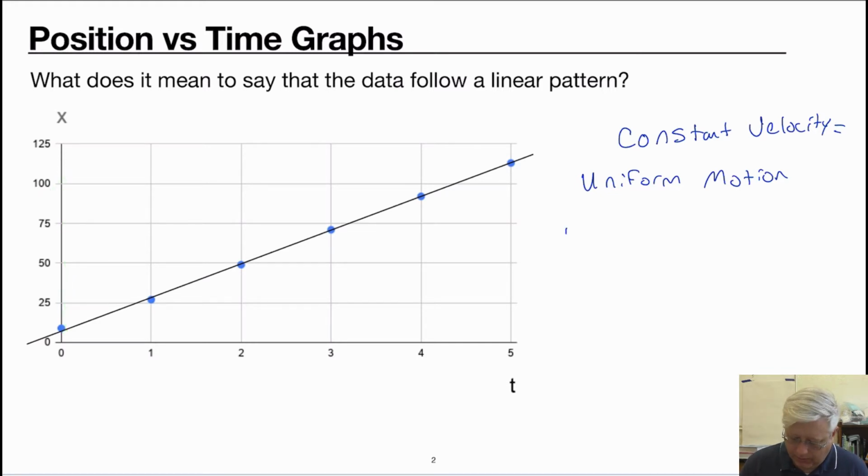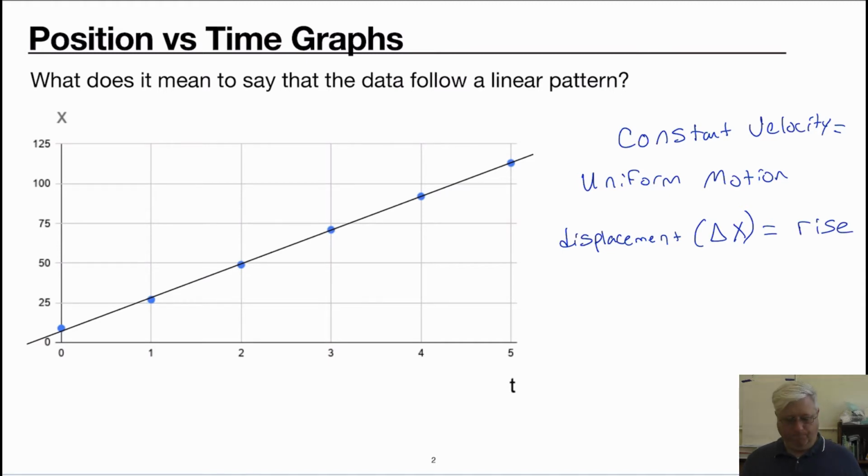Our displacement, we symbolize that with delta x. That's the rise. It's how much we go up or down the x-axis. And the time interval is whatever the change is on the x-axis.